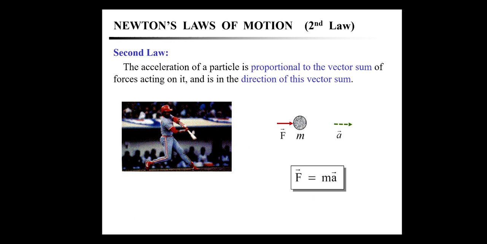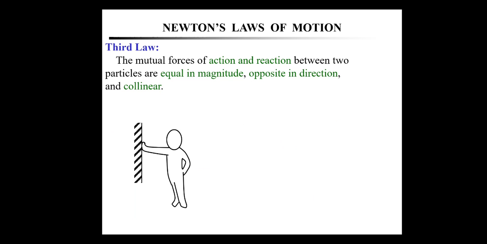Second law: the acceleration of a particle is proportional to the vector sum of the forces acting on it and is in the direction of that vector sum. F is equal to ma. Third law: the mutual forces of action and reaction between two particles are equal in magnitude, opposite in direction, and collinear. See this picture.